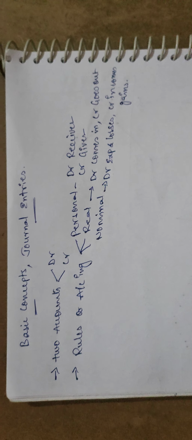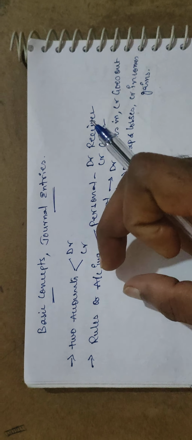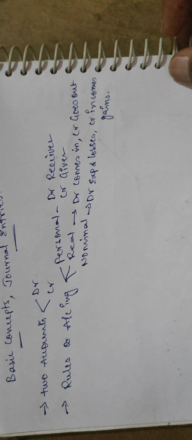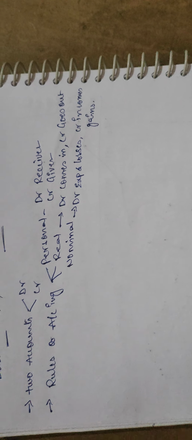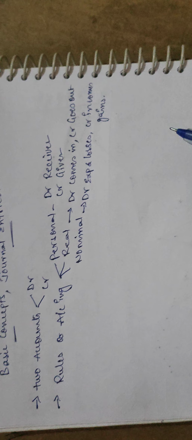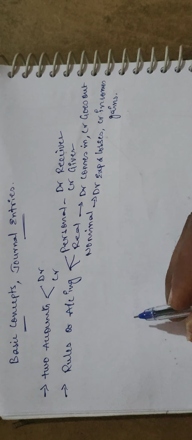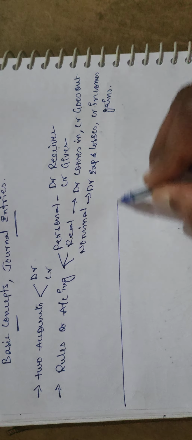So based upon these two main aspects, we can pass the journal entries, and every journal entry will be passed as per some predefined rules and format.